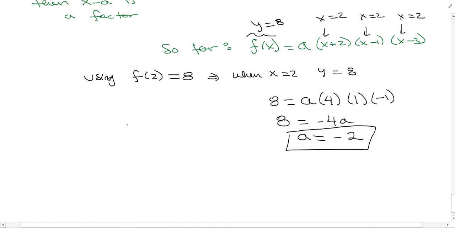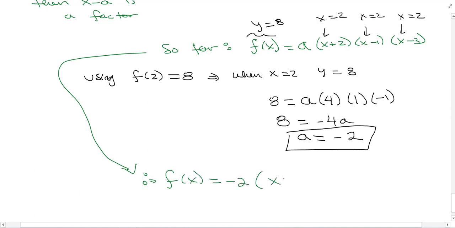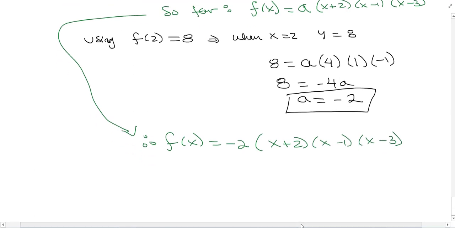So a is -2, so finally our function, so therefore f of x is a, so -2 times our zeros. And there you go. Just to double check, right? Set it equal to 0. And do we get the same things?